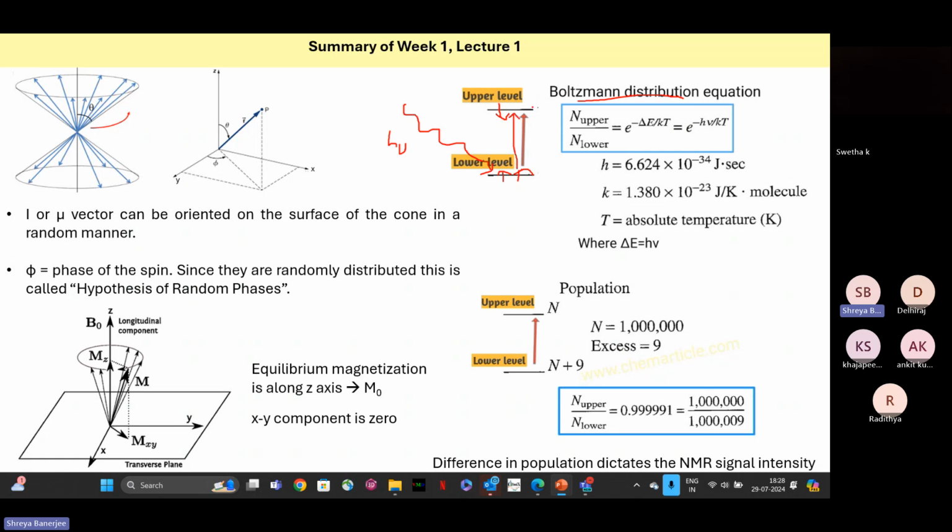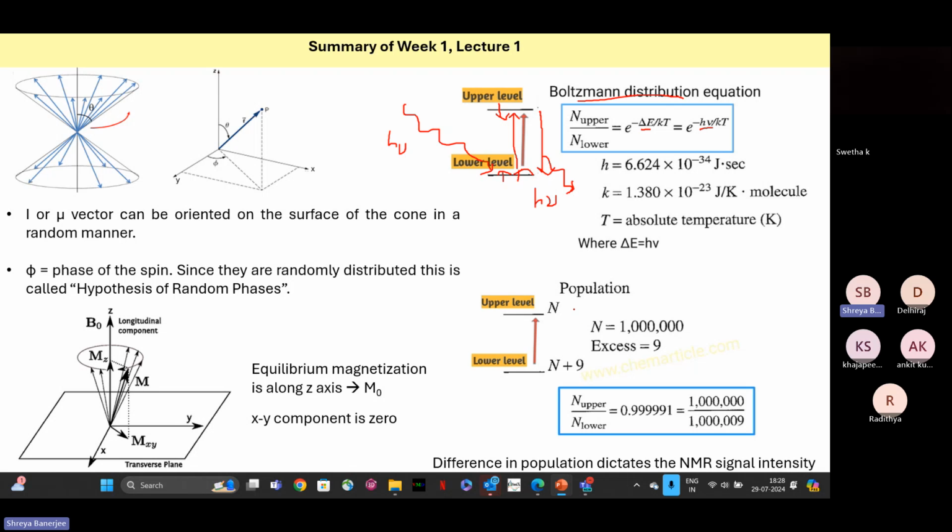And also the nuclei from the upper level can relax to the lower level, and they will emit a radiation of energy h nu. Any electromagnetic radiation can be represented by the energy h nu, so instead of delta E, we can replace it by h nu. Then if you put the values of the constants h and k, you will be able to calculate the difference in population between upper and lower levels.